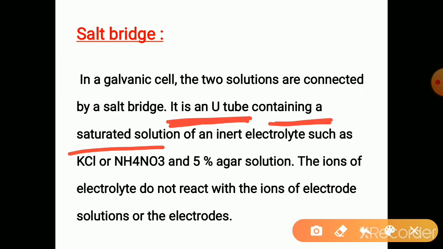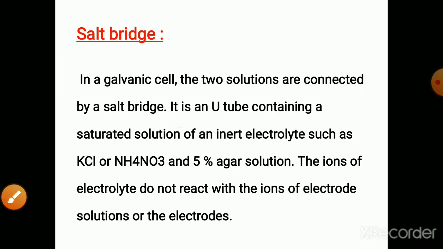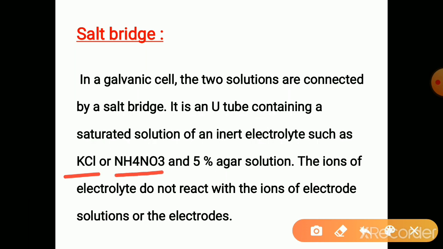It contains a saturated solution of an inert electrolyte such as KCl or ammonium nitrate. Inert electrolyte which does not react with the other substances. So inert electrolyte such as KCl and ammonium nitrate and 5% agar-agar solution.